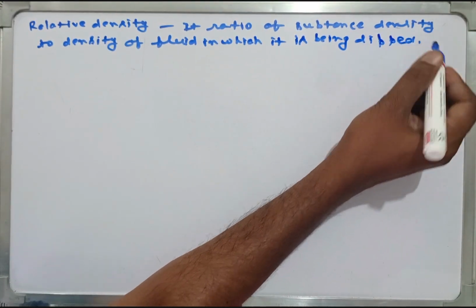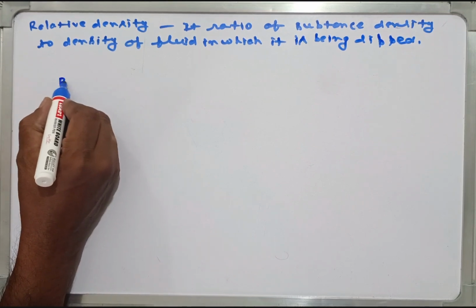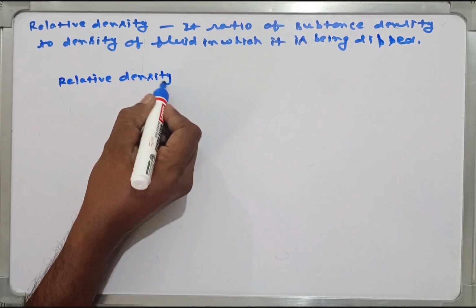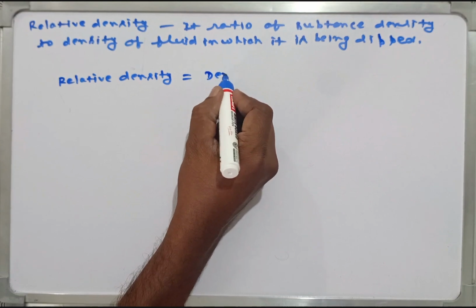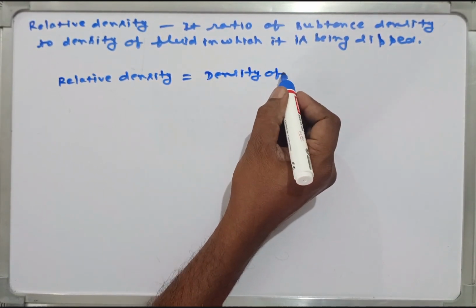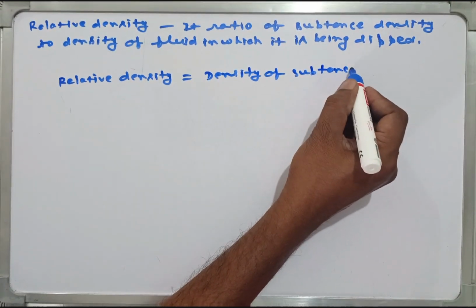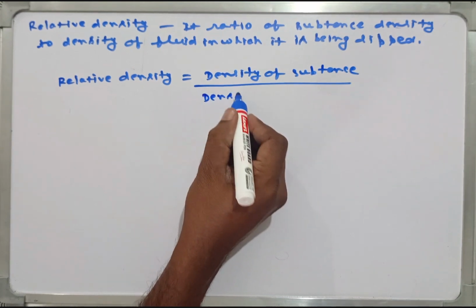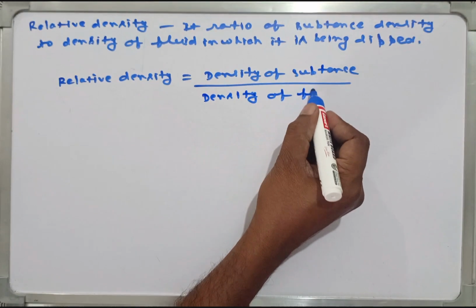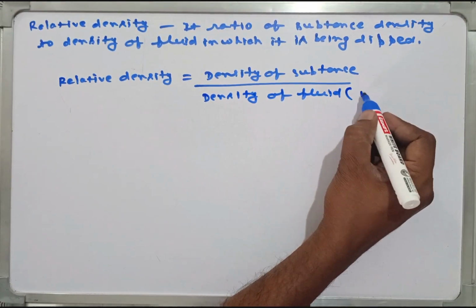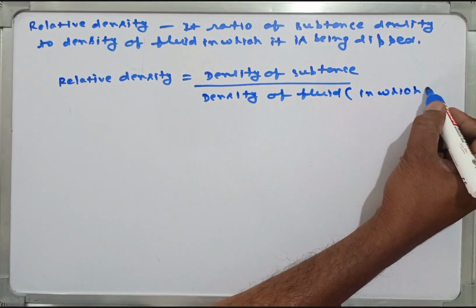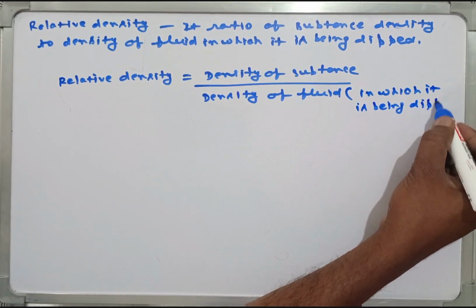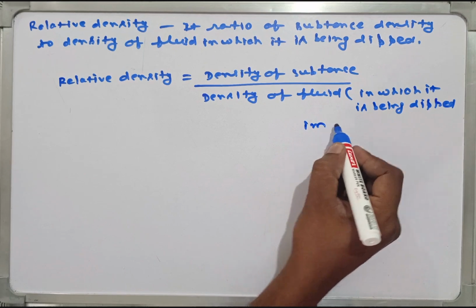So in formula, relative density equals density of substance divided by the density of fluid, the fluid in which it is being dipped.